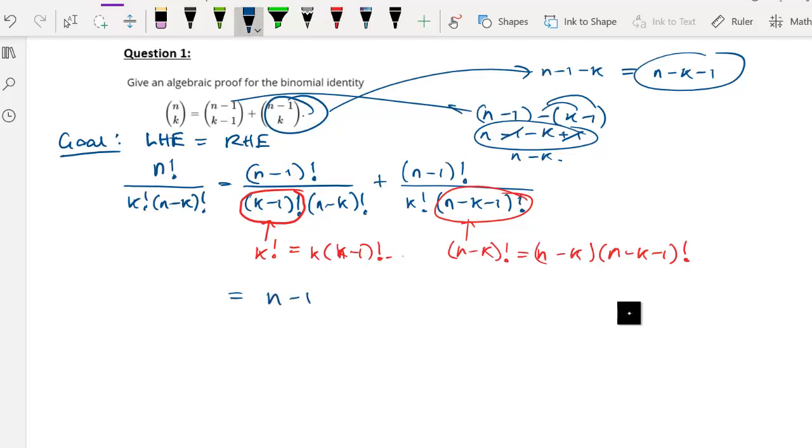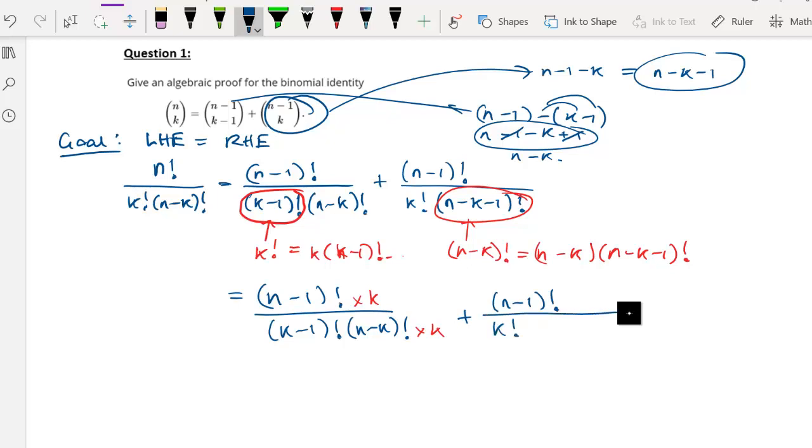So we'll have our n take 1 factorial. We've got k take 1 factorial and n take k take 1 factorial. And in order to turn this into what we want, we're going to multiply by k on the bottom. And because we multiply by k on the bottom, we'll do it on top, so we don't unbalance it. And with this n take 1 factorial, we've got our k factorial, and then n take k take 1 factorial. We need to multiply this one by n take k on the bottom.